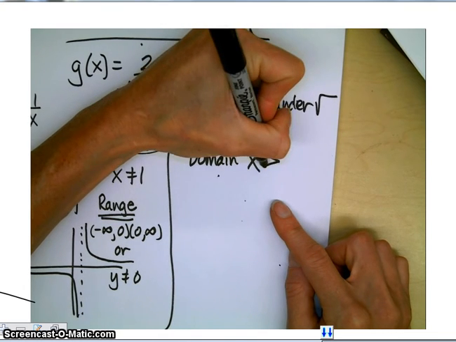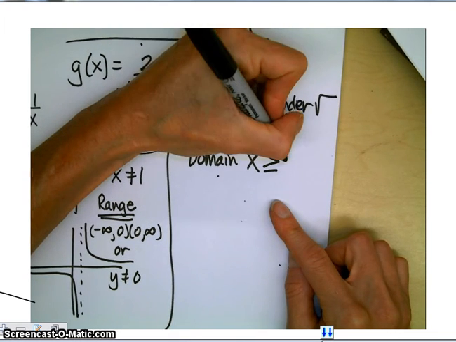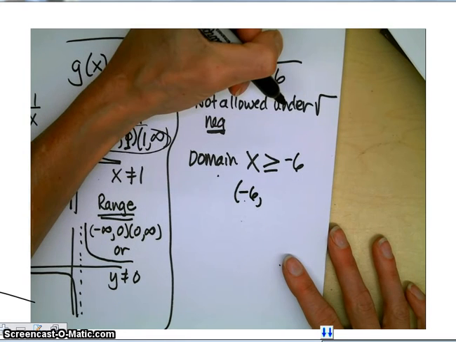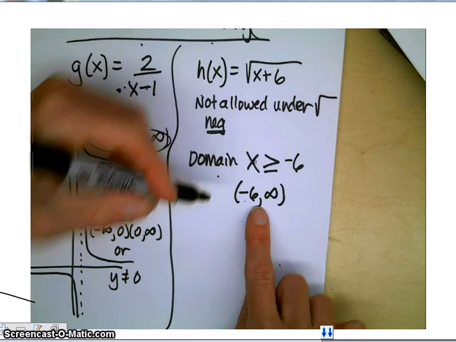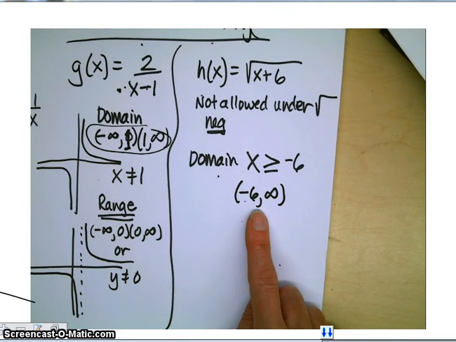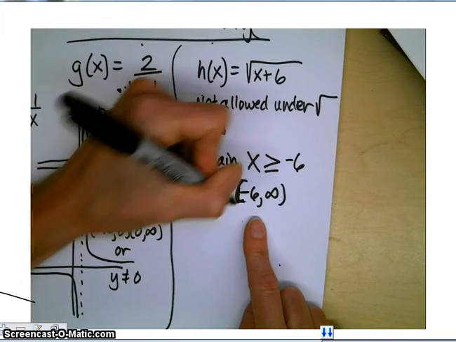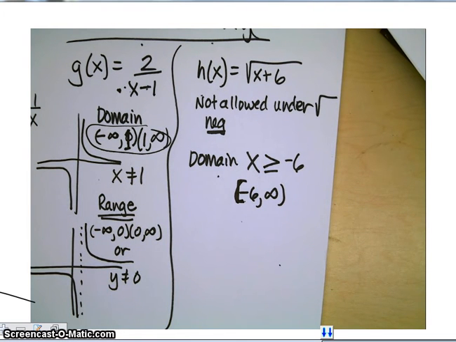X is greater than or equal to -6, or as an interval you could write -6 comma infinity. Now is this right the way I did it? What's wrong with this? You should have a bracket here at -6. Why? It does include -6, because what's the square root of 0?